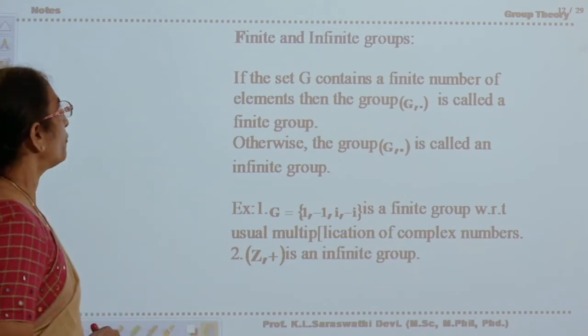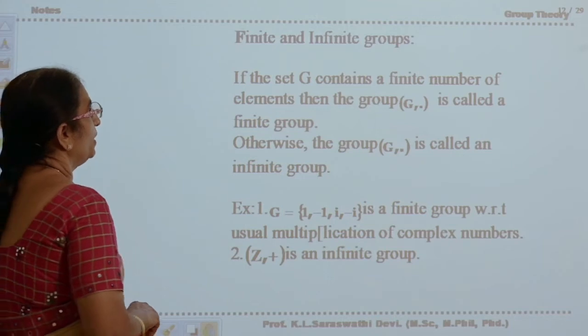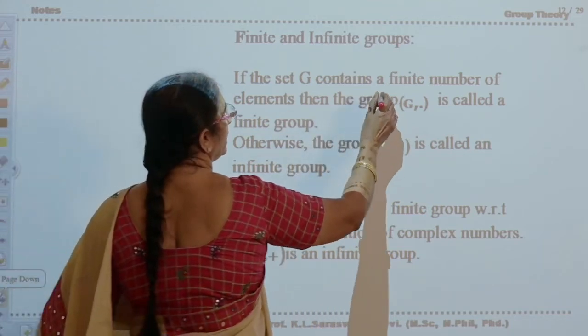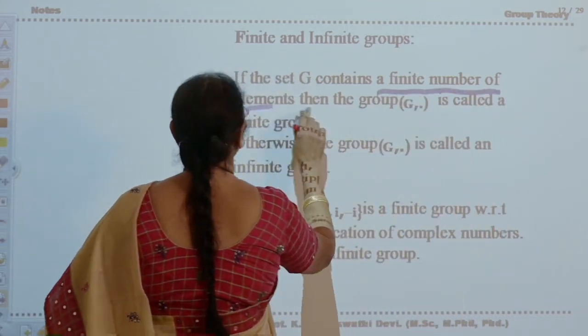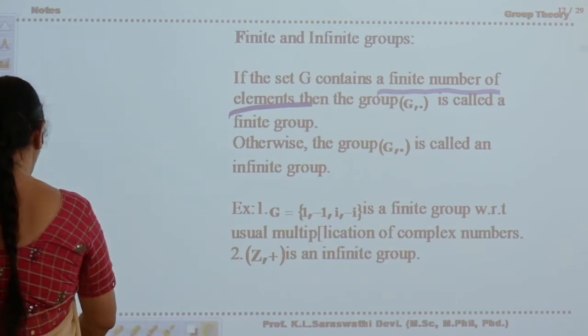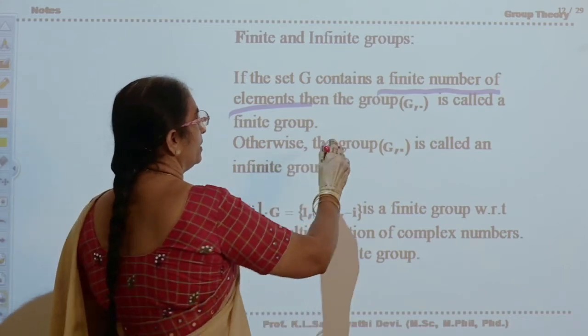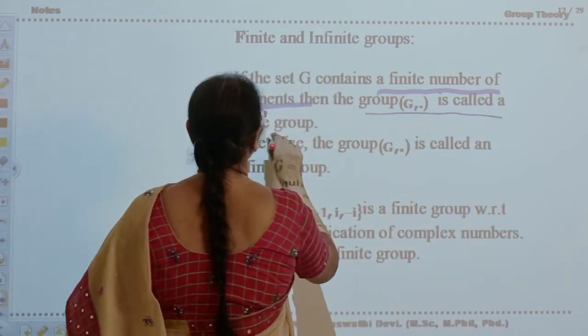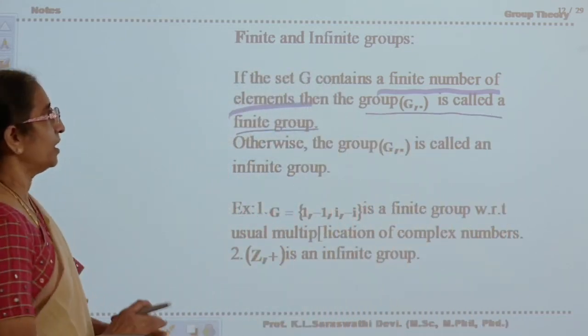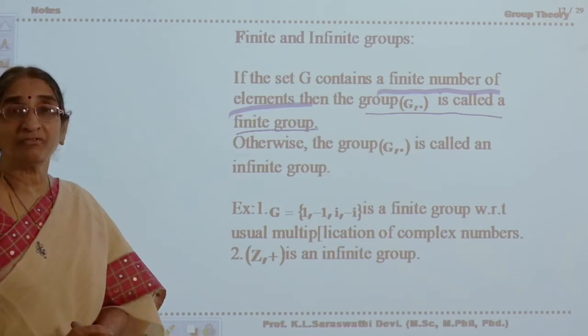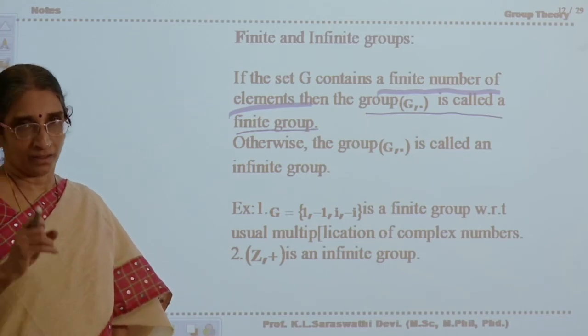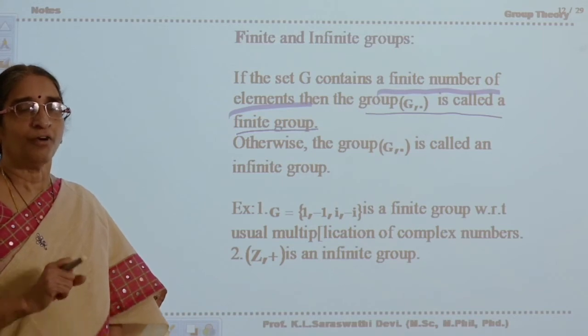Now see finite and infinite group. If the set G contains a finite number of elements, then that group G is called a finite group. Based on the number of elements in the set, the group is said to be finite or infinite.